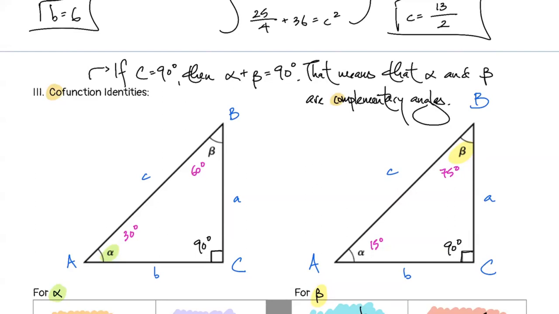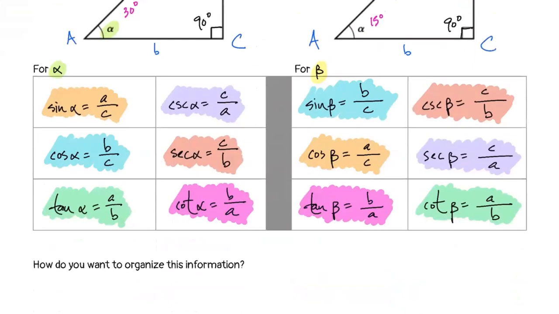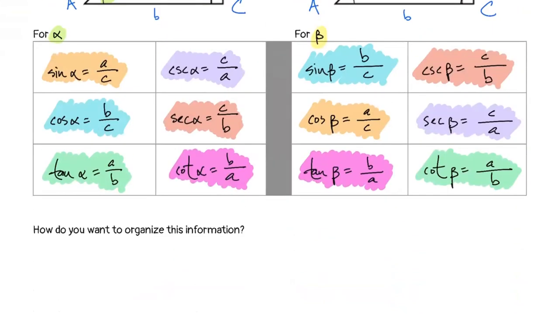So complementary, co-function. Okay, they both start with the letter CO. That's actually going to be helpful in thinking about these co-function identities that we're going to talk about. So an identity just means something that's always true. Okay. So let's look at our table here for a moment.